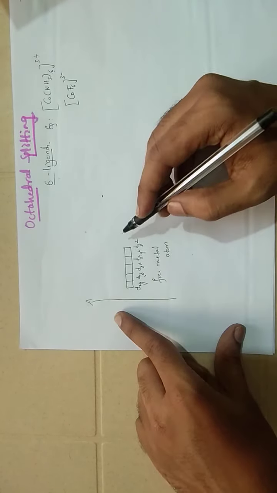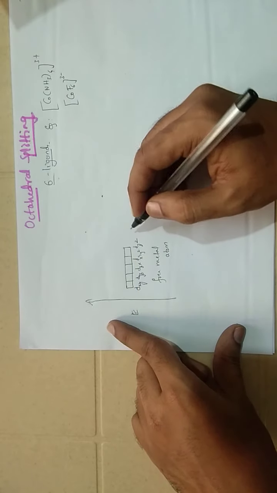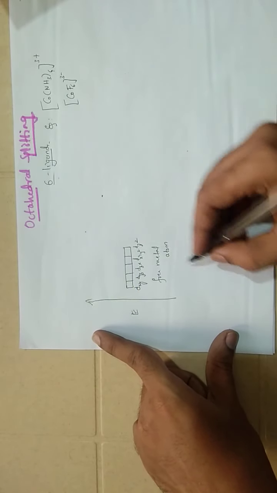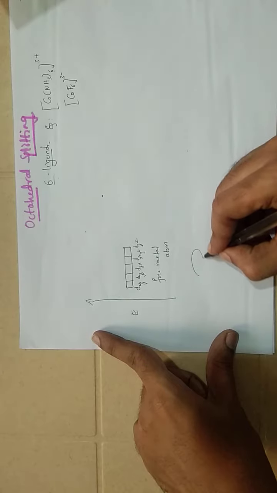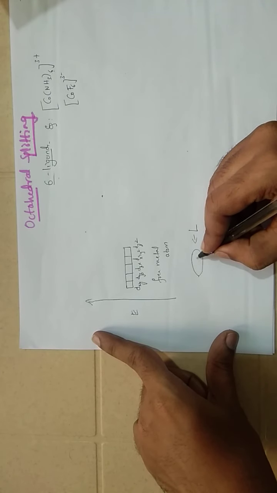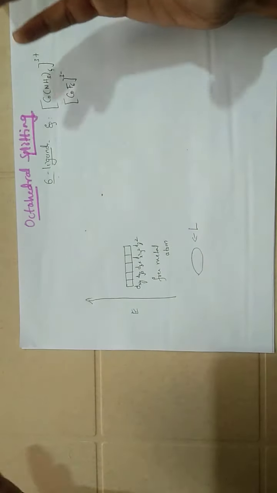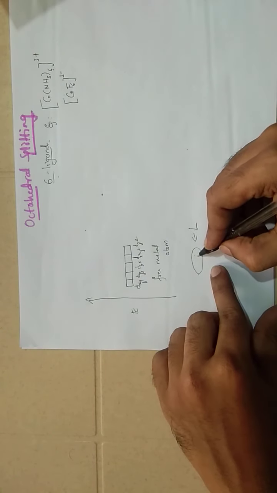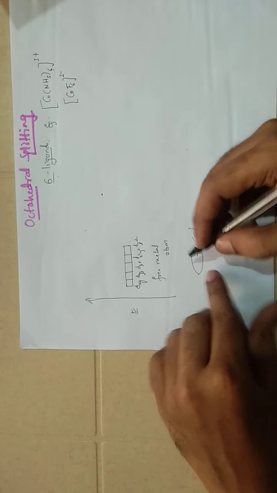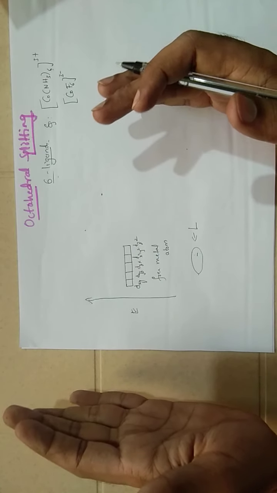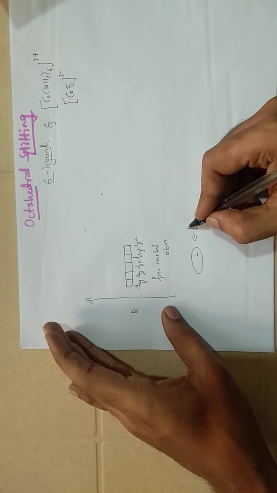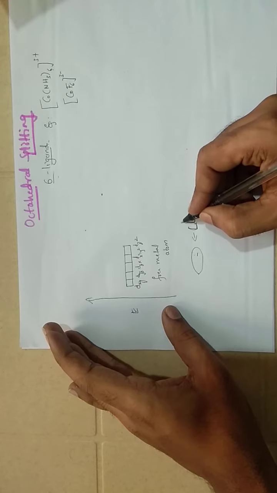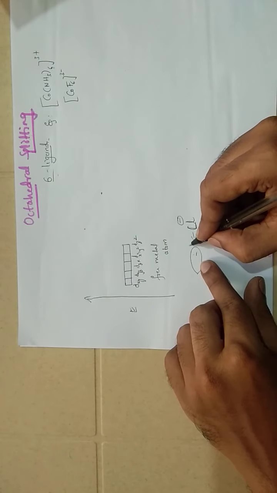What happens when the ligand approaches? The metal also possesses d electrons, and the negative cloud of the d orbitals will repel the incoming ligands. For example, when a chlorido ligand approaches, these two undergo repulsion.